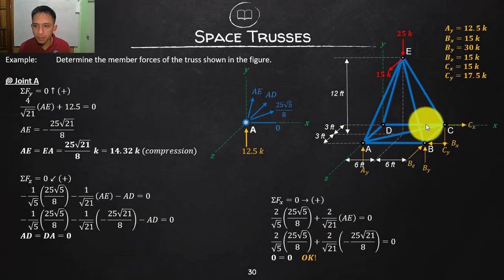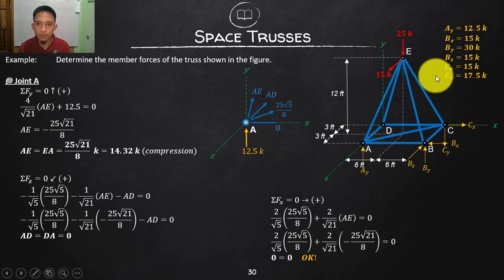Because if we already know all of these members, the only unknowns are 1, 2, 3. If we proceed to A, then we will get 2 more. So we will only be left with this. We can solve that one at joint D. And then later on, we will use joint E to check the value. Okay. So proceed to A.